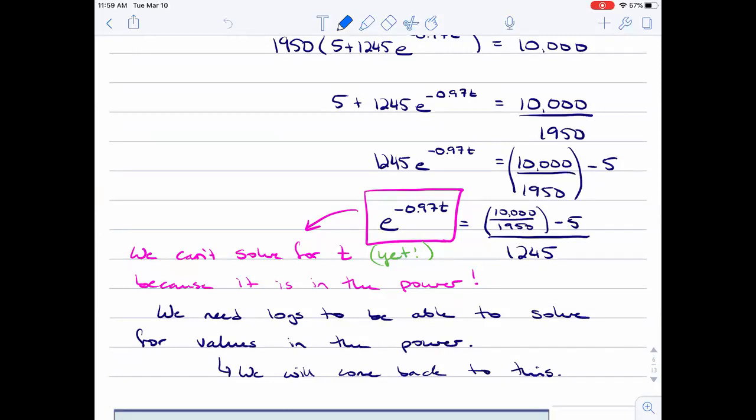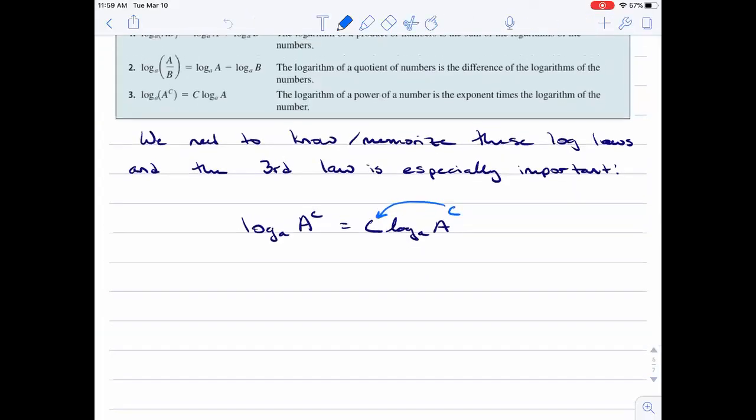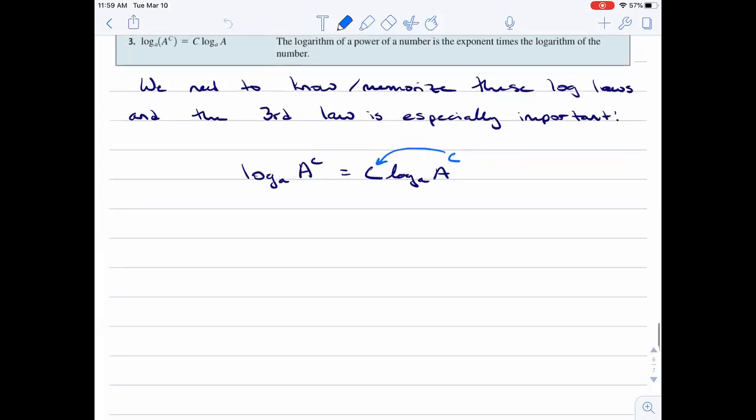Going back to what we were just talking about, if I want to solve for c, and I don't have this on here yet, if I take the log of it, then I know I can rewrite this as c times the log of a.